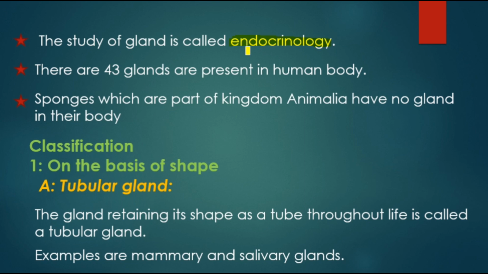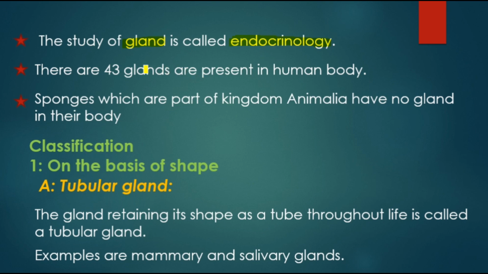Those glands which do not have any duct through which their secretion moves to their target cell or area are called endocrine glands. Basically, the major type of glands are endocrine glands. That's why overall we can say that the study of glands is called endocrinology.